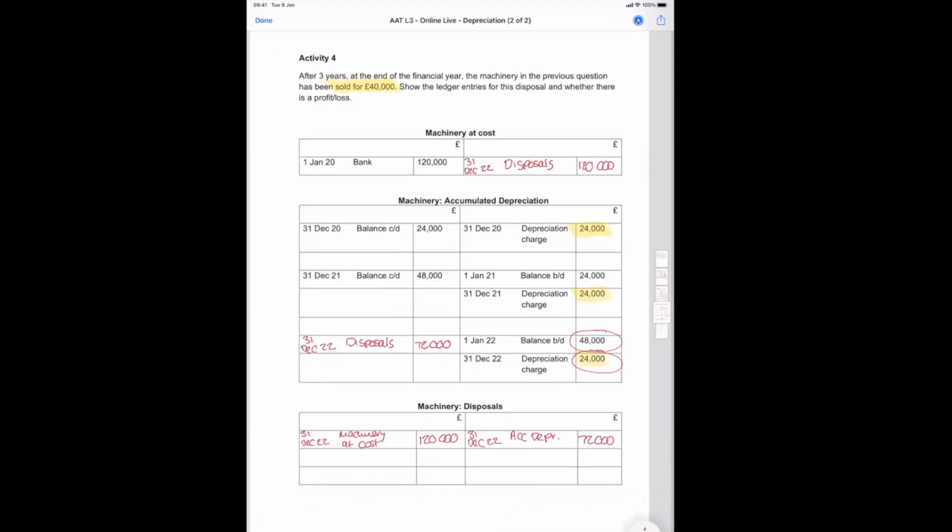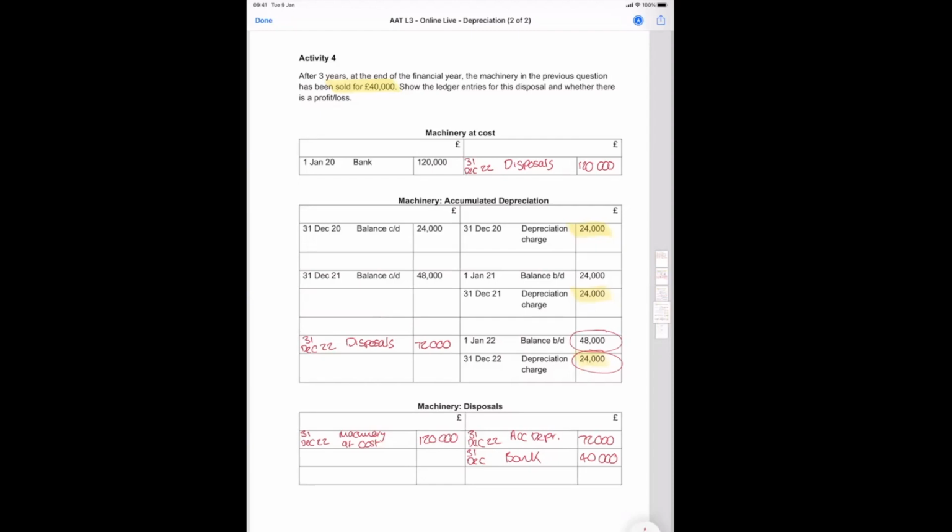Now, the bank would have been debited 40,000 for the amount received. So we're going to credit the disposals account for that 40,000. Okay. So the bank's been debited for the income on that, and we're going to credit the disposals account.